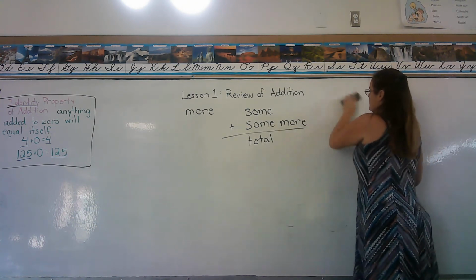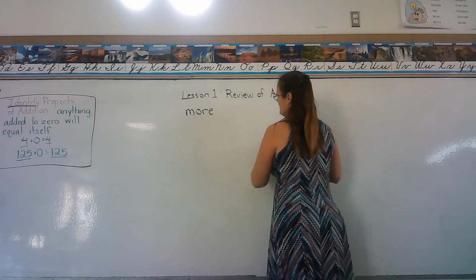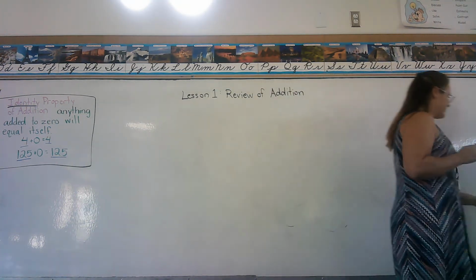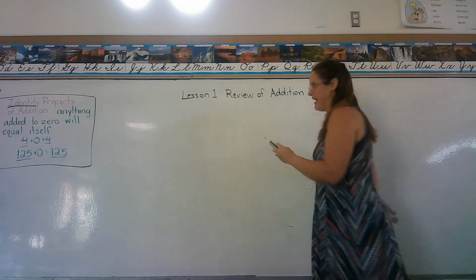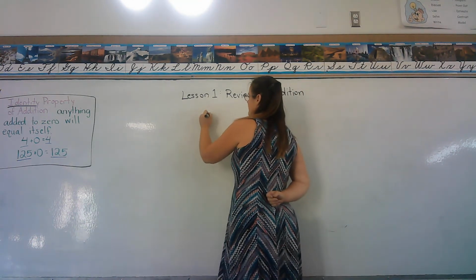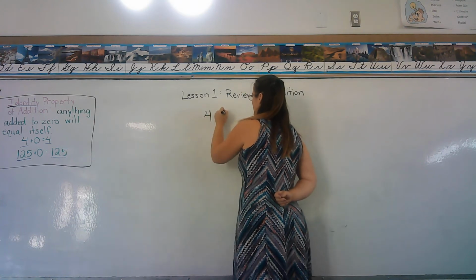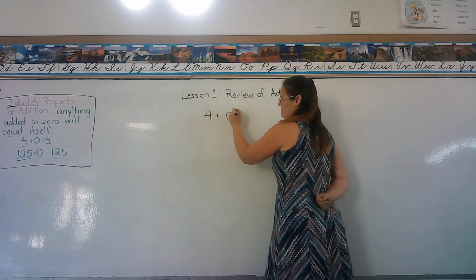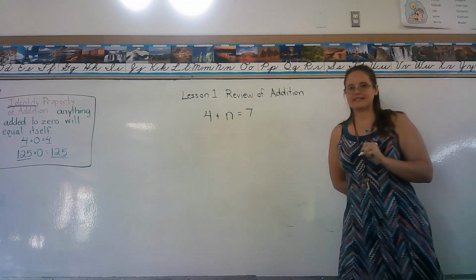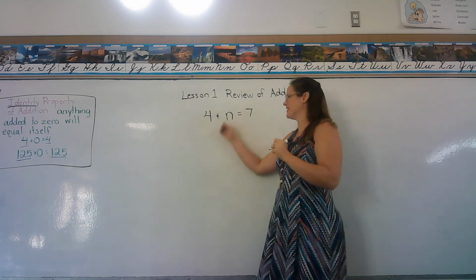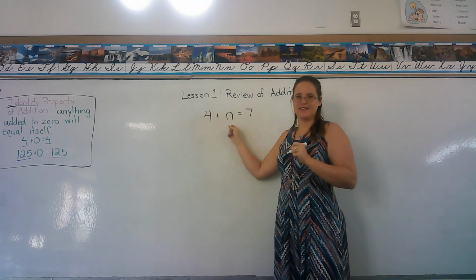You're going to find the missing addend. And in 4th grade, we like to start to introduce letters to math. So let's say 4 plus n equals, give you an easy one to start with, 7. 4 plus n equals 7. What is this n?